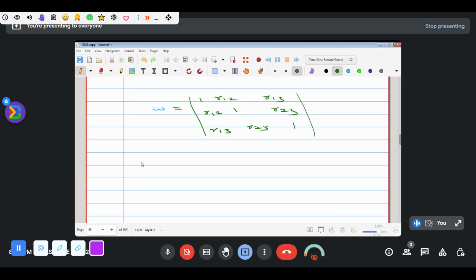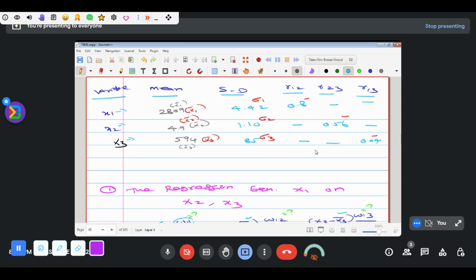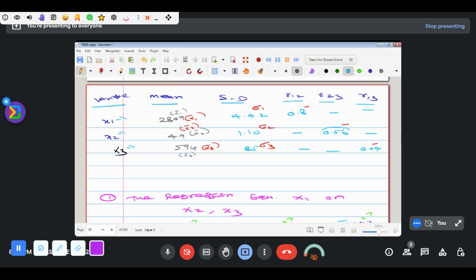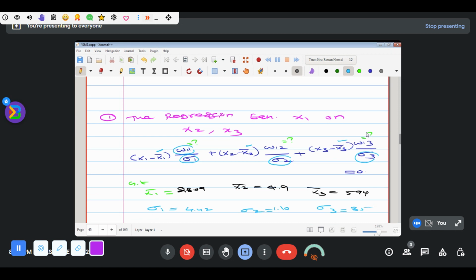Here the omega 11 formula: the matrix with rows 1, R23; R23, 1. Then enter all values. I need the R23 value, which is 0.56.